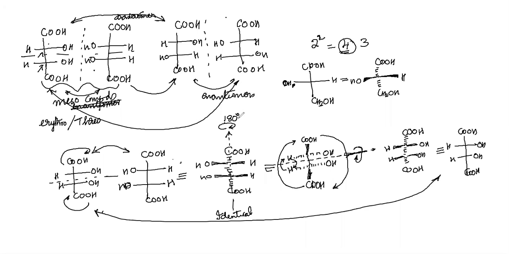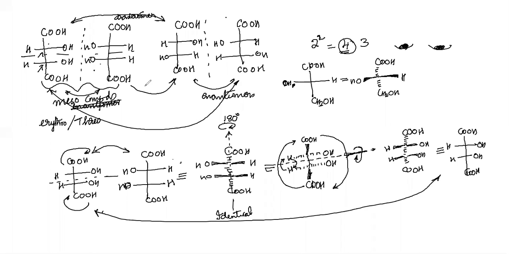Okay, right. Suppose you are given 2 samples. Remember, a meso compound is a single compound. You are asked to find out which is the meso compound and which is a DL mixture.